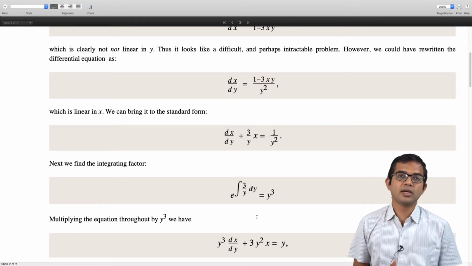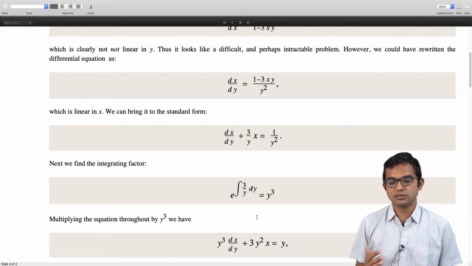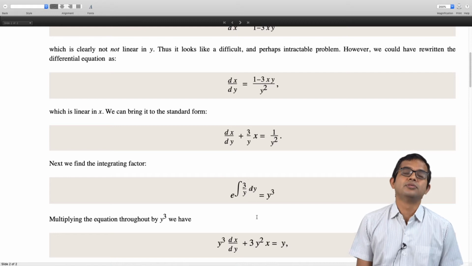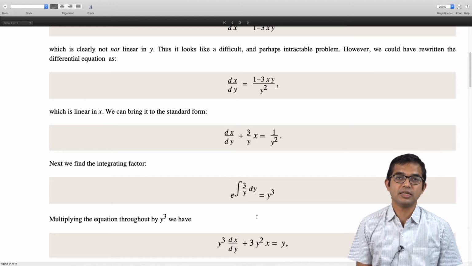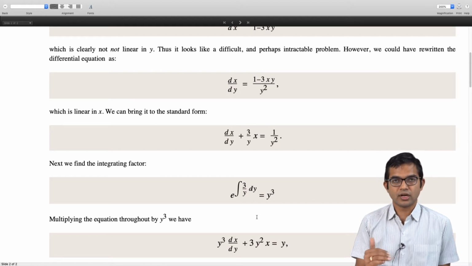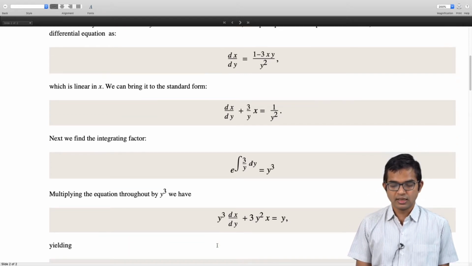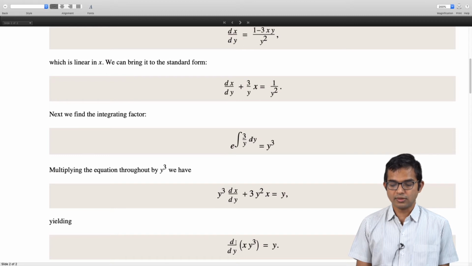Although we have written down the prescription to find out the final solution for a first order differential equation which is linear, it's still useful to work it out step by step. So work out the integrating factor, multiply throughout, and then explicitly you will see that the left hand side becomes a perfect derivative, right? In this case it's the derivative d by dy of the function x y cube.